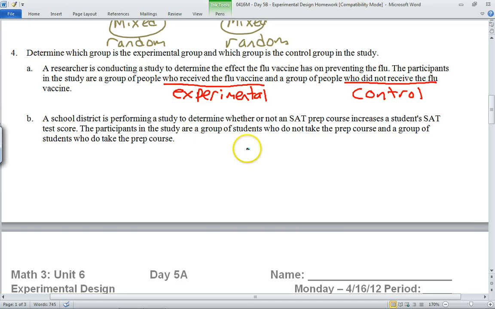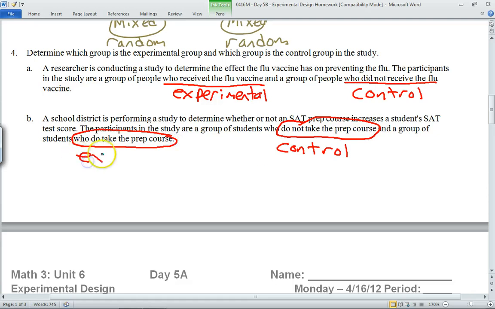Okay, so who's the experimental group and who is the control group? Well, students who do not take the prep course, which group are they? Hopefully you said they are the control group. The group of students who do take the prep course, that's the experimental group.